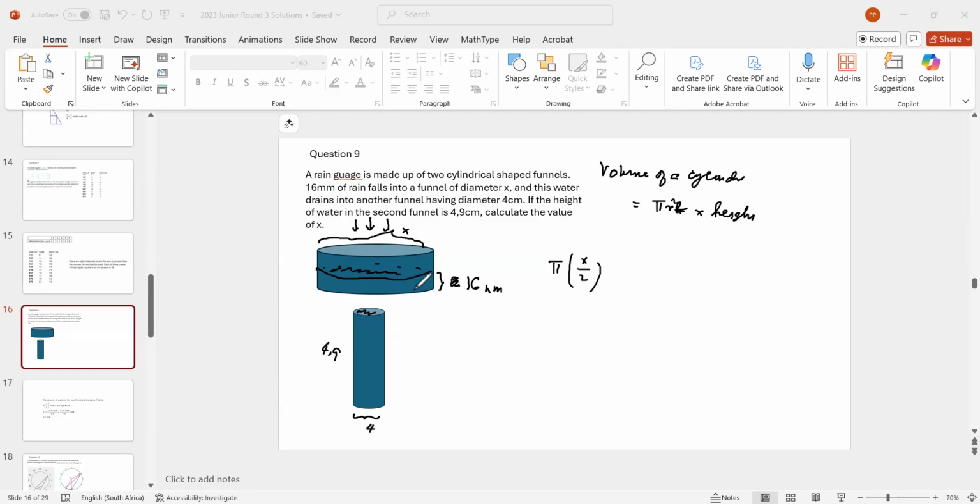So that's pi, you square that, multiplied by the height, which is 16. So this volume is the same as the volume here, which is, again, the same formula, pi. Now the radius of the base is 2, because the diameter is 4. Pi r squared, and the height is 4.9.